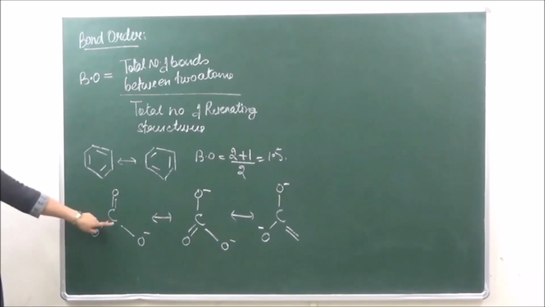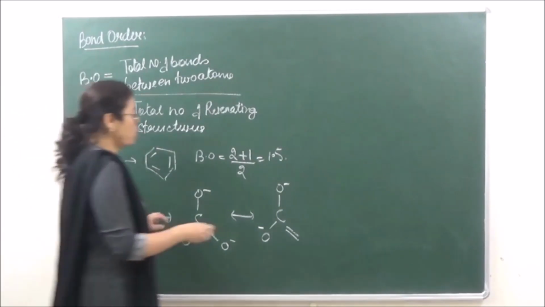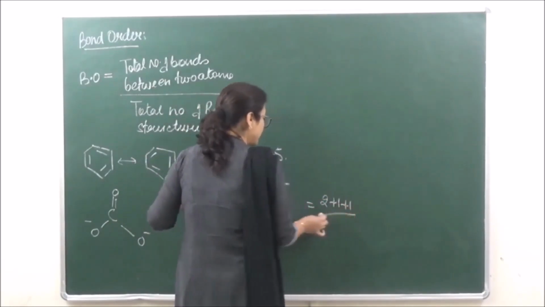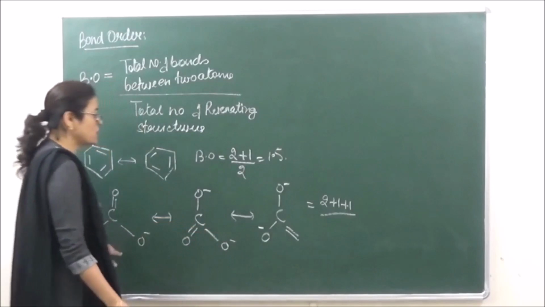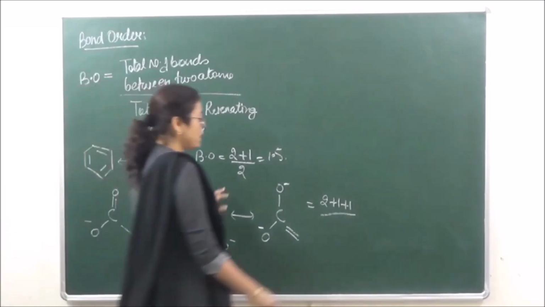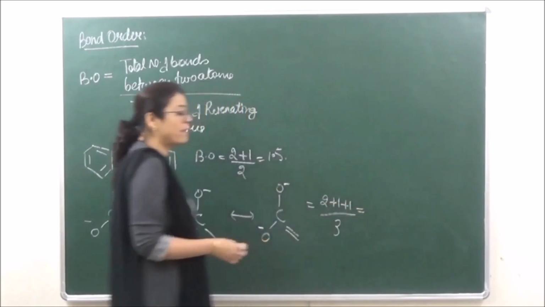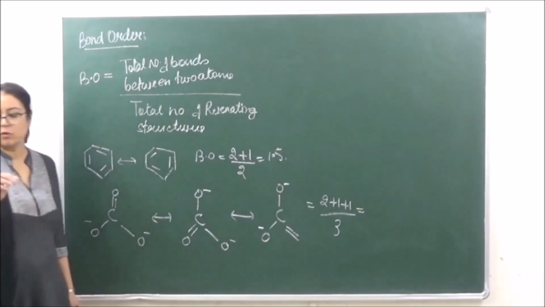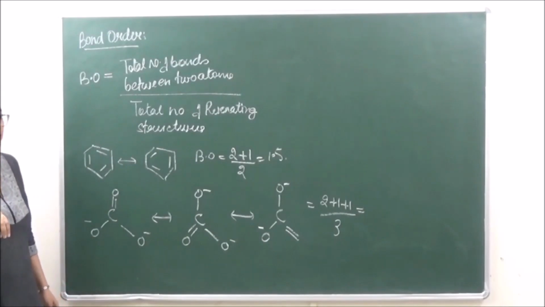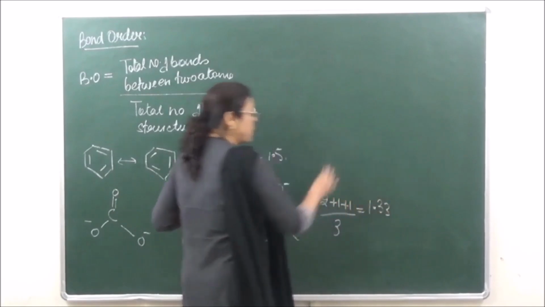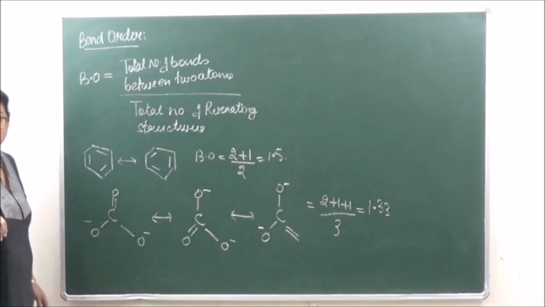How many bonds does carbon have? 2 + 1 + 1. ठीक है, so the total number of bonds will be equal to 2 + 1 + 1 divided by how many resonating structures are there? 3. ठीक है, so there are 3 resonating structures. 2, 3, 4, 4 when divided by 3 will come to 1.33. ठीक है, so the bond order of this is equal to 1.33.